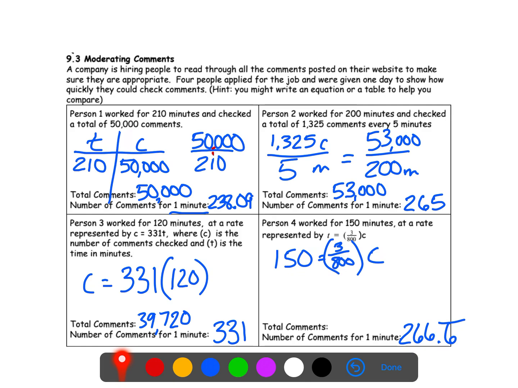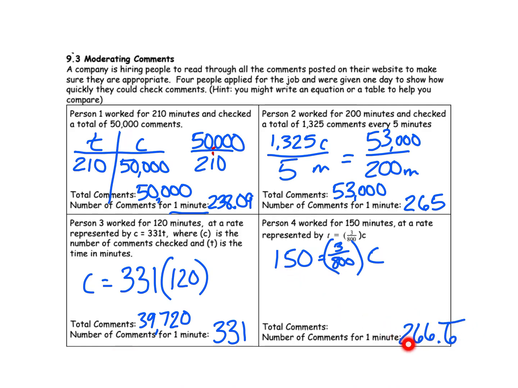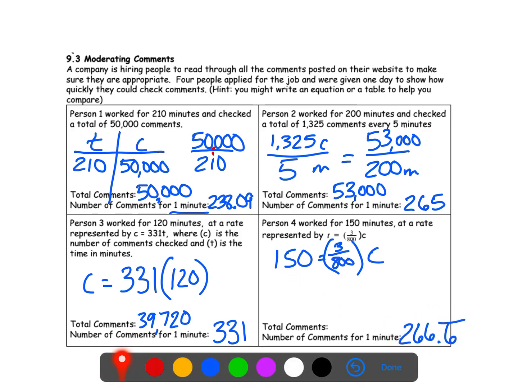Either one is going to work. I'm just going to have to multiply by this reciprocal, this new constant of proportionality. So I like divide. Let's do 150 divided by the constant of proportionality. That's going to send us backwards in that table. And what you would get for the total number of comments is 40,000 comments.